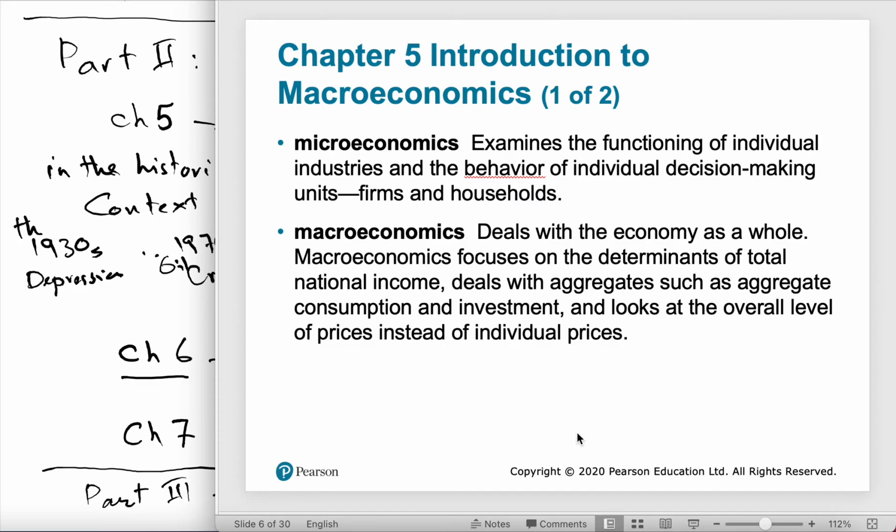And it looks at the price level, not the price of an individual commodity, the price of a car, a computer, gasoline, or rice. These are microeconomic issues. How about the price of everything, the price level or price index? This is a matter of macroeconomic issues. And we learned about this in chapter 1 already. So if I give you a multiple choice question asking whether this statement is related to micro or macro, you would easily answer it.